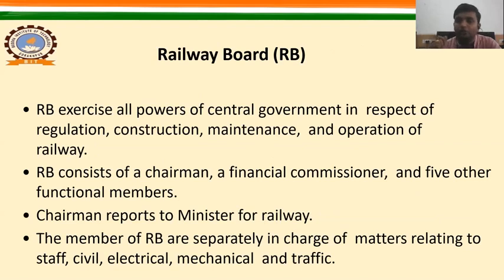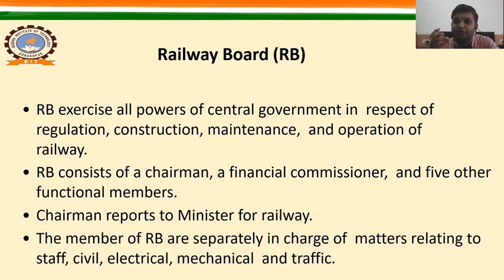The Railway Board exercises all the powers of the central government in respect of regulation, construction, maintenance, and operation of railways. So it is a body used to regulate, construct, maintain, and operate the railway.